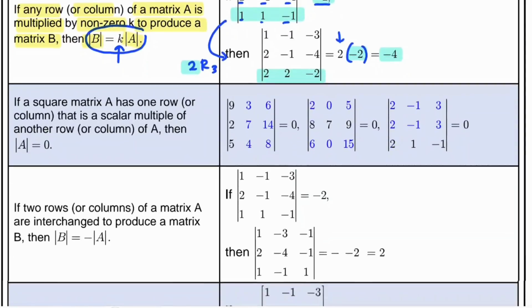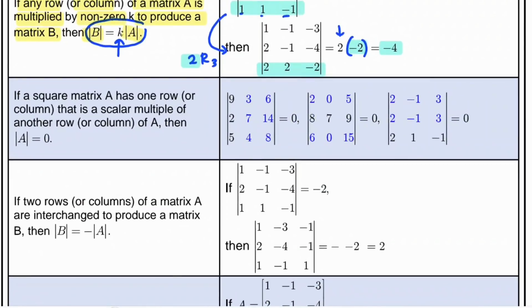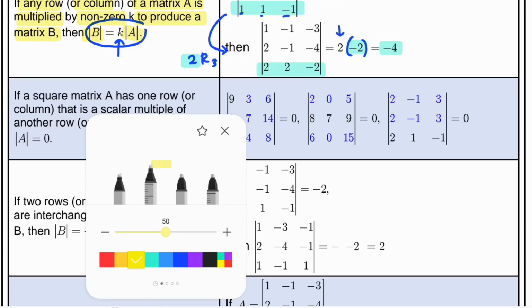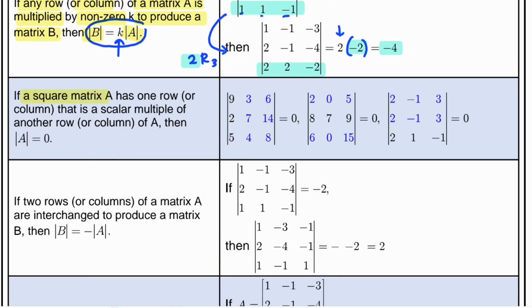For the next property, it states that if a square matrix A has a row or a column that is a scalar multiple of another row, then the determinant equals 0. So if you notice any row or column on that matrix is a multiple of another row or another column, the determinant itself equals 0.